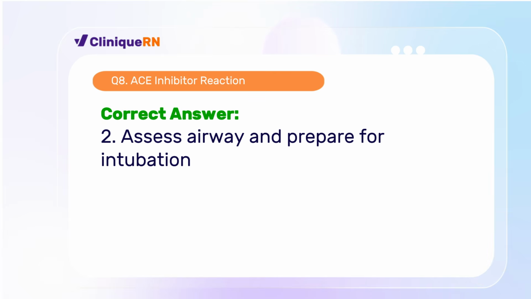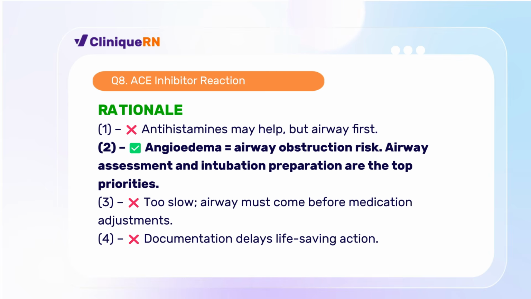The correct answer is 2. Assess airway and prepare for intubation. Detailed rationale. 1. Antihistamines may help, but airway first. 2. Angioedema means airway obstruction risk. Airway assessment and intubation preparation are the top priorities. 3. Too slow.